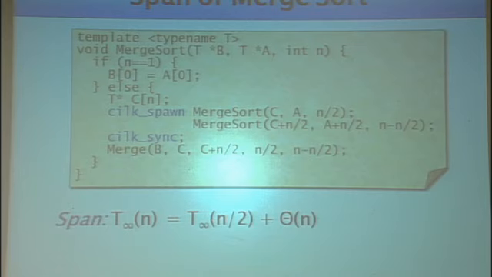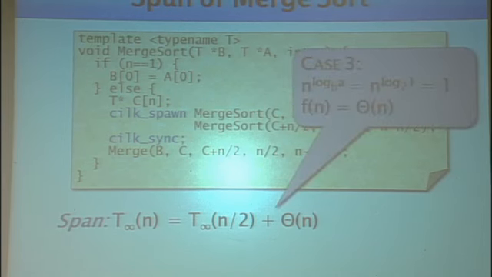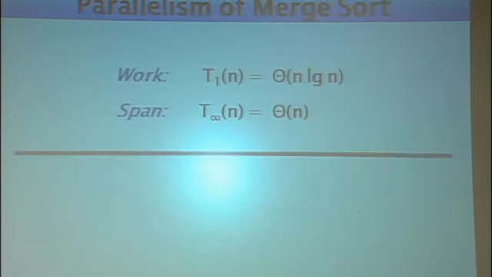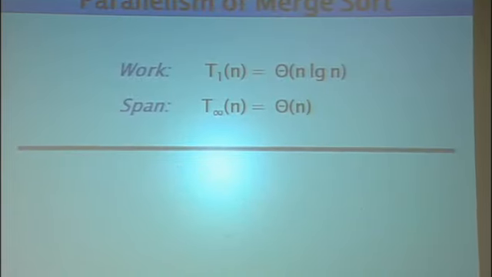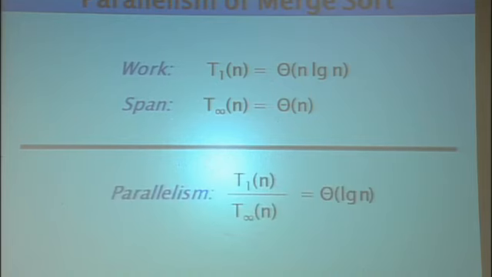And then the merge costs us order n. So we get this recurrence, which says that the solution is order n. So the work is n log n, the span is order n, and so the parallelism is order log n. Puny.